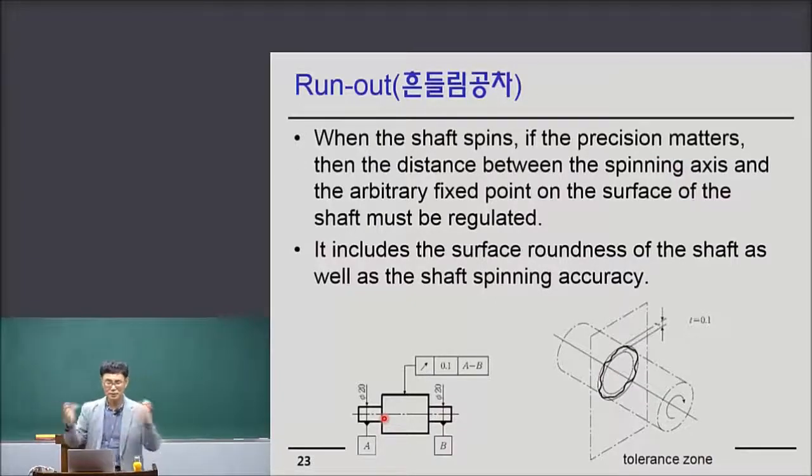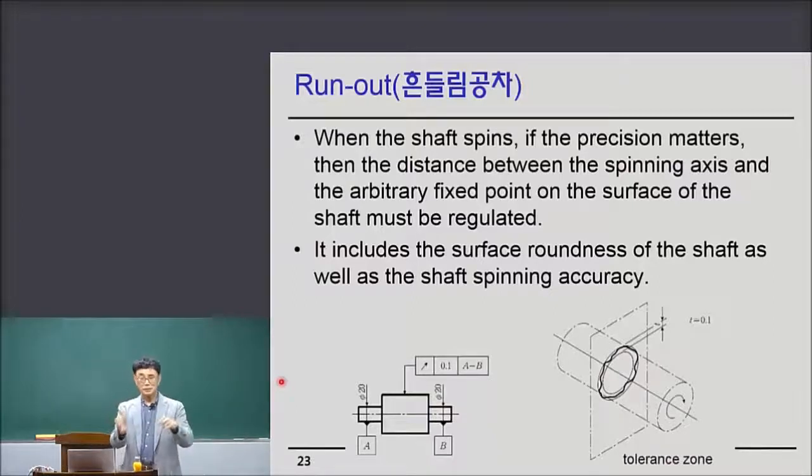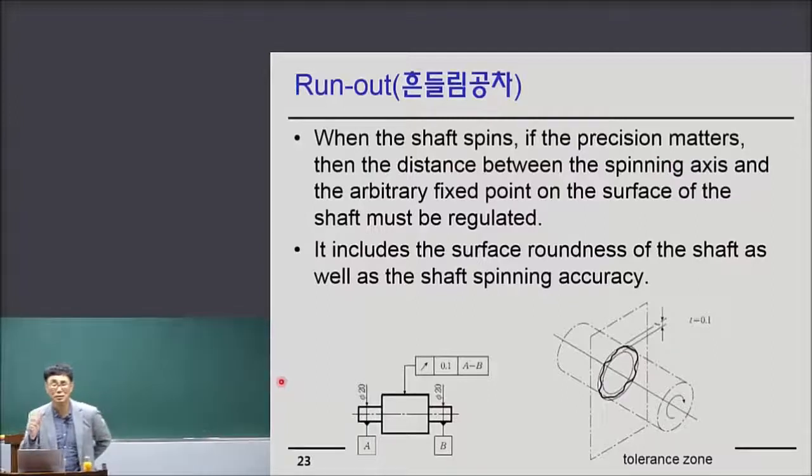So many effects are accumulated to define run out. Anyway, if you like to measure the accuracy of the spinning shaft, then you must measure run out first.